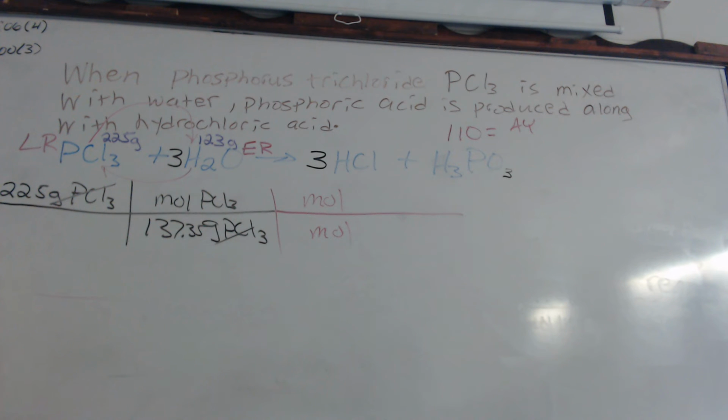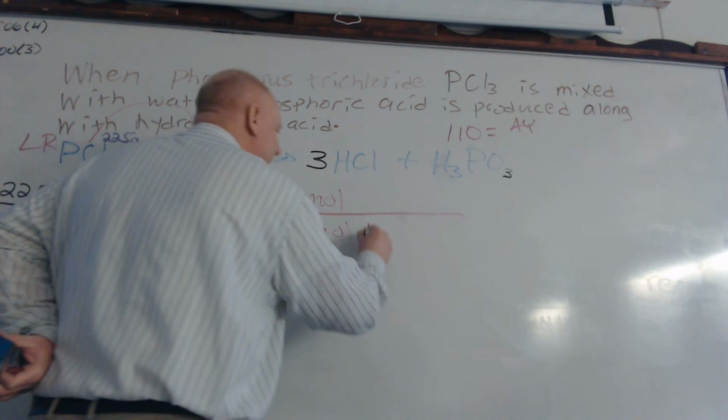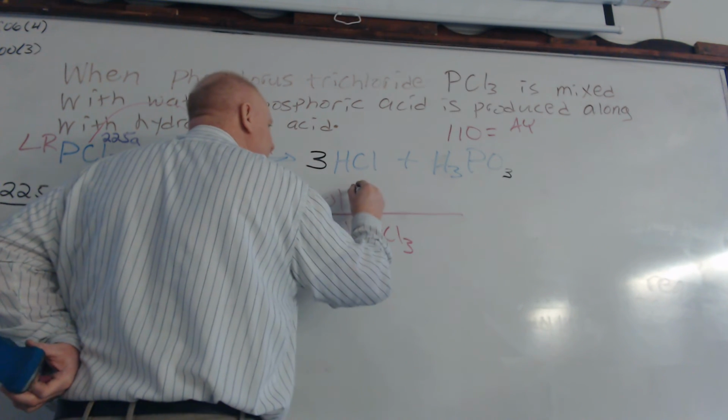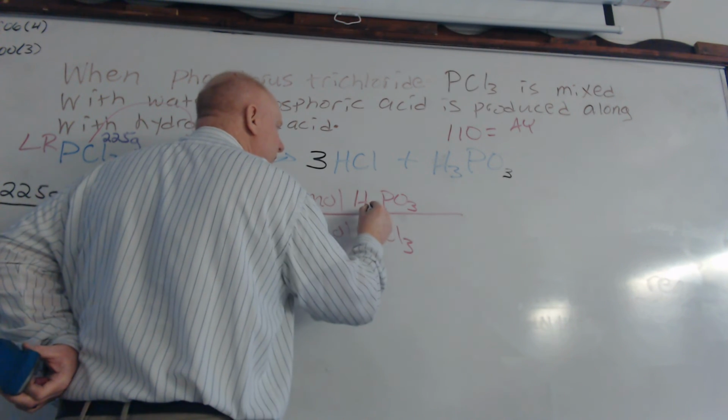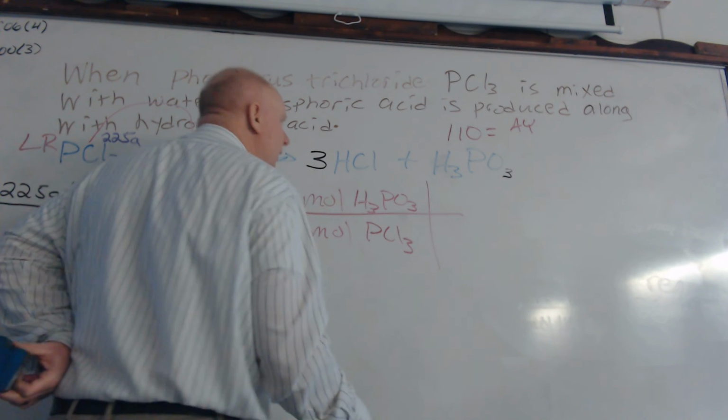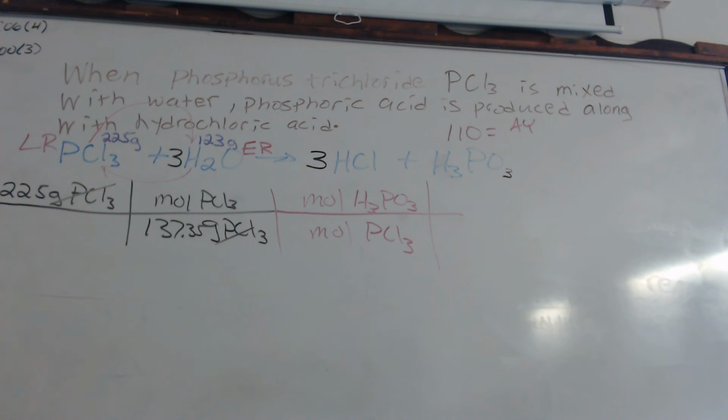PCl3 on the bottom, H3PO3 on top. One second, how do you know to start with that one again? For your gram to gram? Reactant. Oh, yeah, you have to start with that. Yep. We got a mole to a mole.